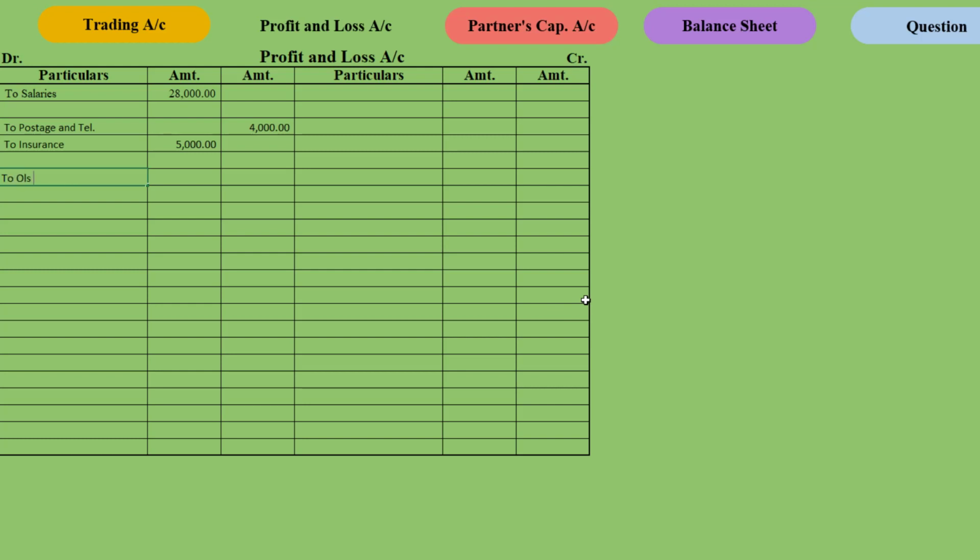To old bad debt, then add new bad debt, again add new RDD, then less old bad debt.